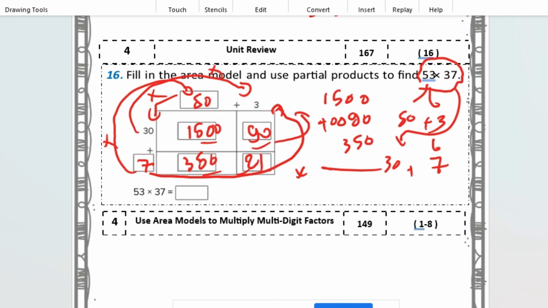So 0 plus 0 plus 0 plus 1 is 1. 9 plus 5 is 14 plus 2 is 16. We put 6 and 1 above. 1 plus 5 is 6. 6 plus 0 is 6. 6 plus 3 is 9. And 1 plus 0 is 1. So the answer is 1961. So this is the product of 53 times 37.